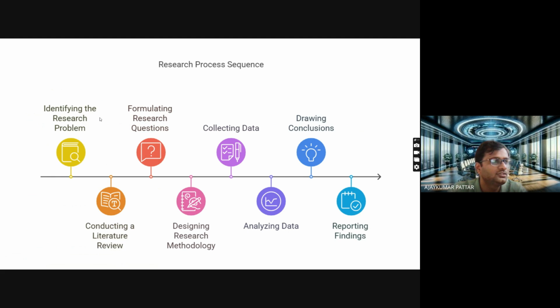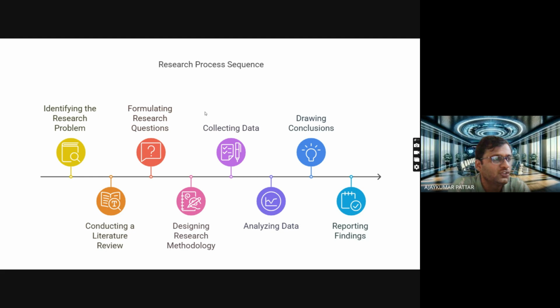So now let's start today's session: AI usage in research. Research starts from identifying the research problem. The very first step in research is identifying the research problem. Traditionally, what do we do to identify the research problem?